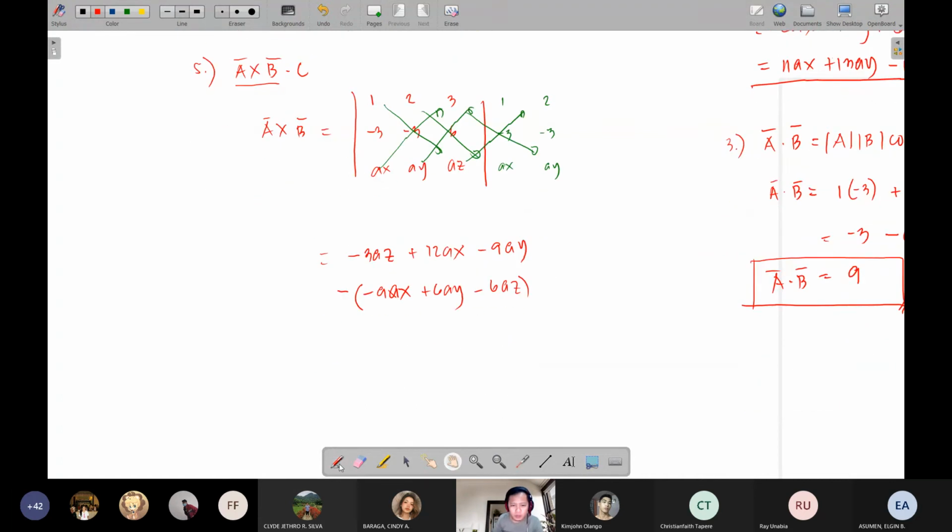So this will be ax, 12 minus negative 9, so 21ax. Then for ay, negative 15ay. And for az, negative 3az minus negative 6, so this will be positive 3az. Okay? So this is your A cross B.